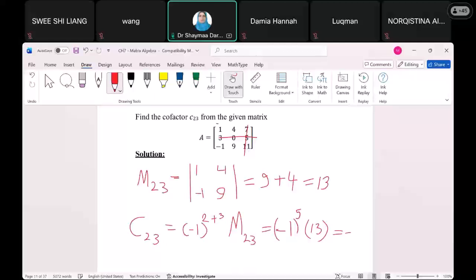So the answer is minus 30. So this is the cofactor 2, 3, and this is the minor. The cofactor is equal to the minor multiplied by minus 1 to the power of the addition of these two numbers, 2 plus 3, so minus 1 to the power 5. So the cofactor is minus 30.